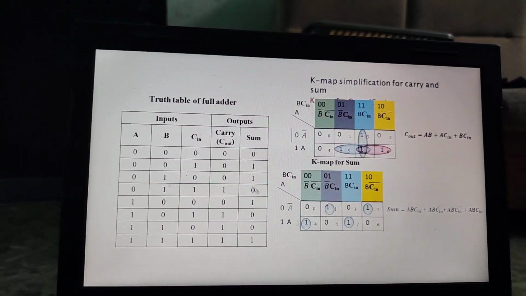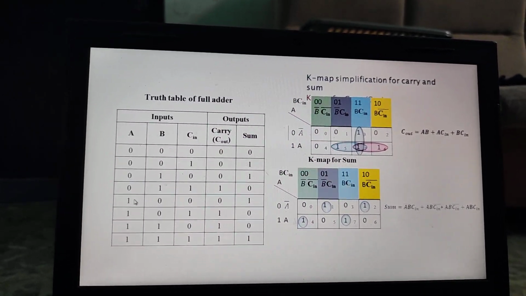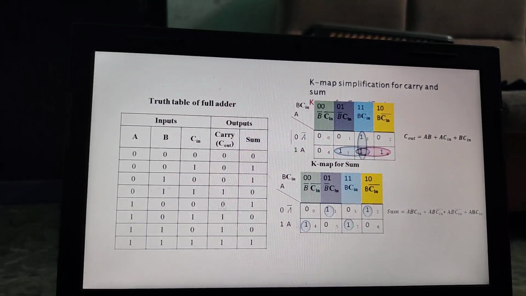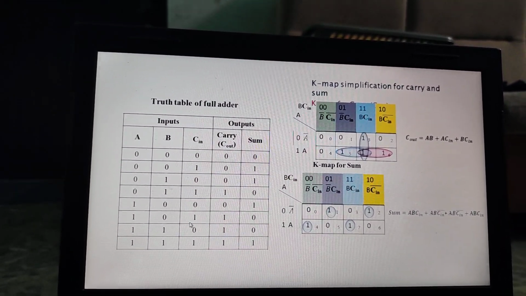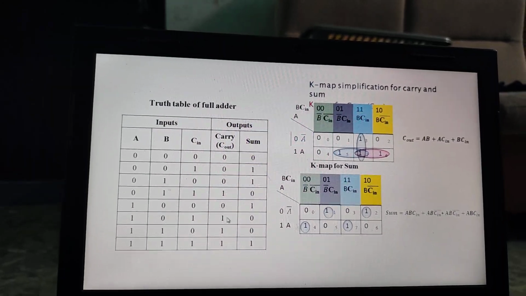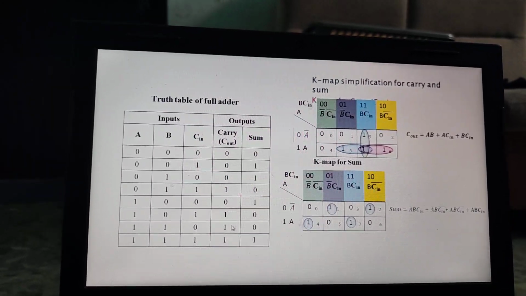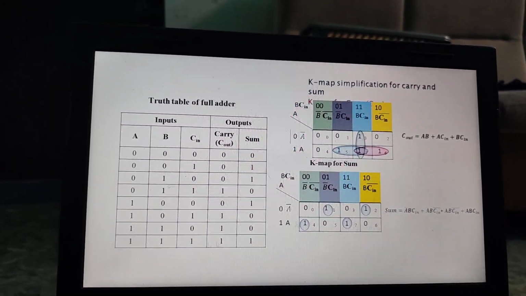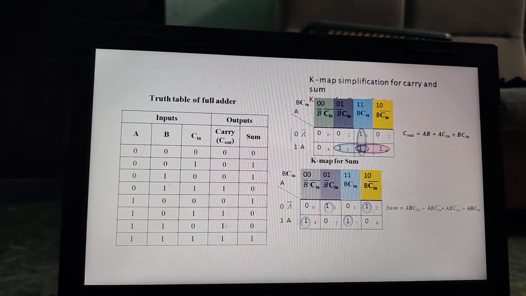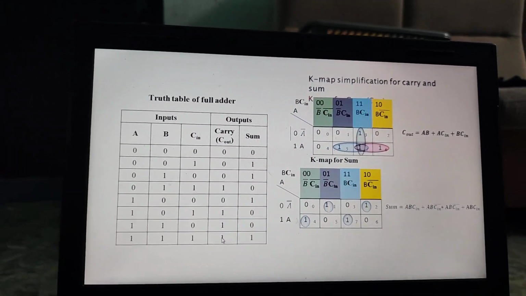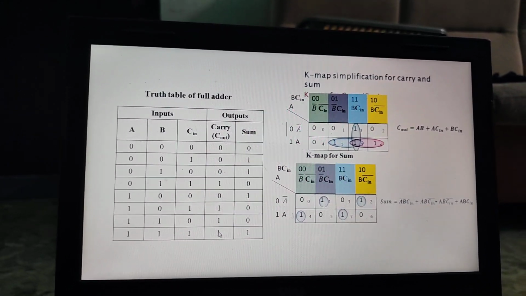So sum is 0 and carry is 1. Similarly for next also, we are getting the sum as 1 and carry as 0. And for this next, the sum is 0 and carry 1, sum is 0, carry 1. Here the third one is 1 plus 1 is 10, 10 plus 1 is 11. So here the sum is also 1 and carry is also 1.